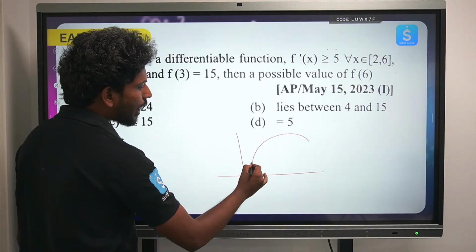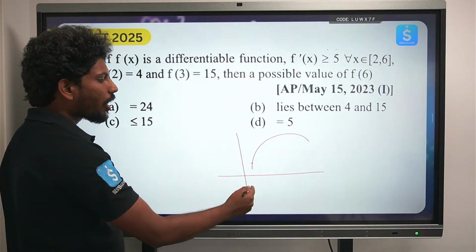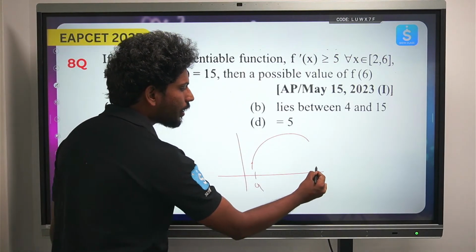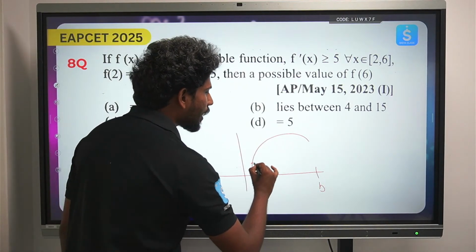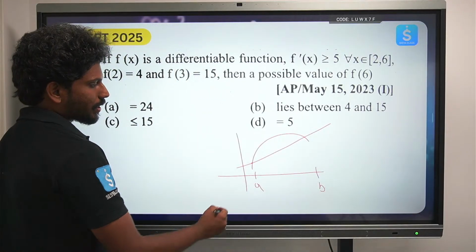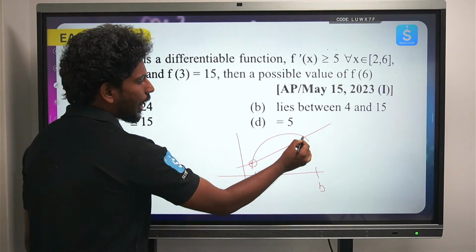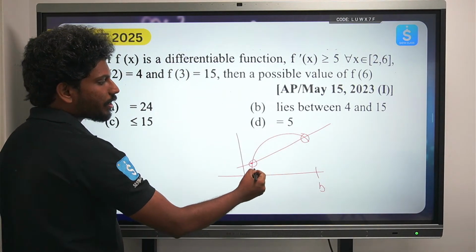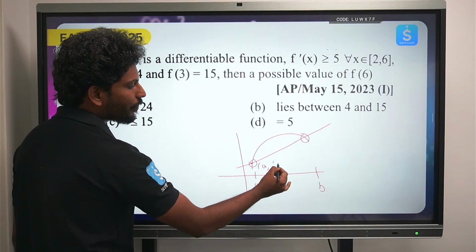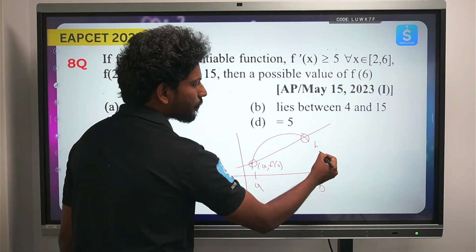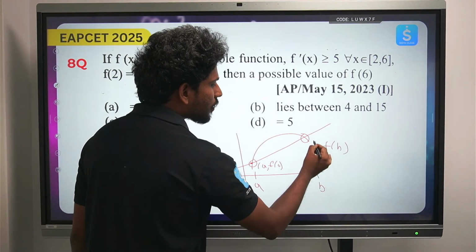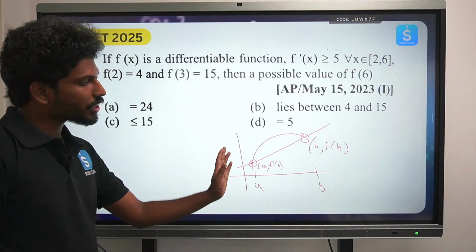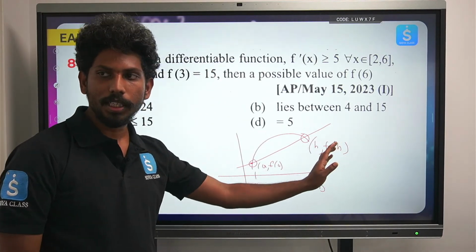And you have a continuous curve on an interval a comma b. If I try to join these two points by some line, and this curve is continuous, can you find the slope of this line? a comma f of a, b comma f of b. So the prerequisite condition is the function should be continuous and differentiable.